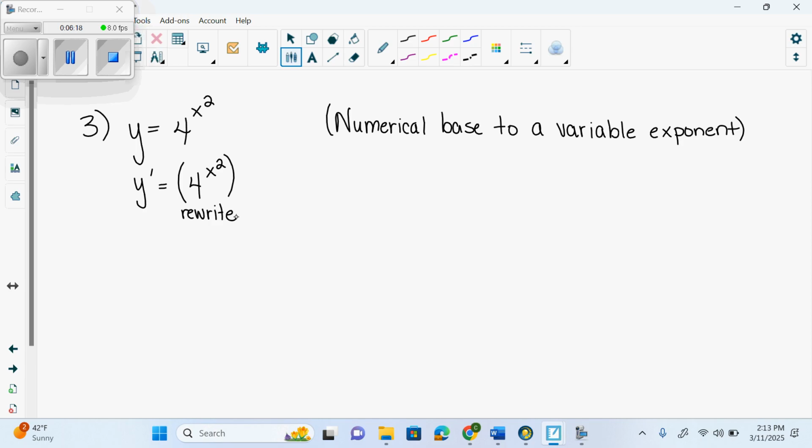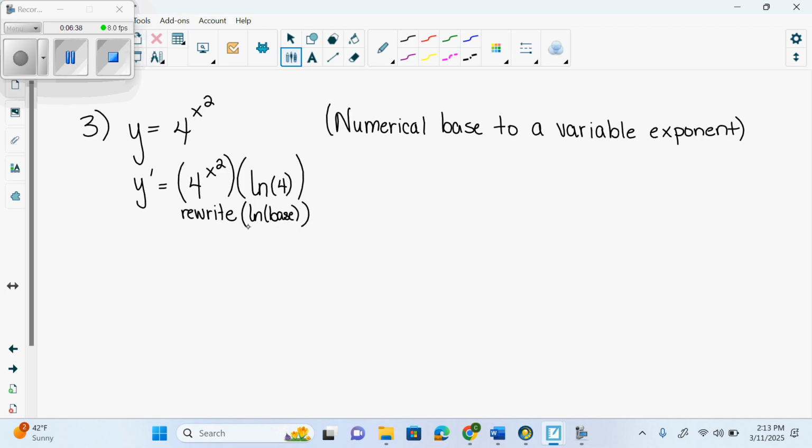Our second chain is ln the base. Ln is log base e. So we're going to ln 4. And it's just going to stay that way. It doesn't get any prettier. You don't turn it to a decimal. So we ln the base.